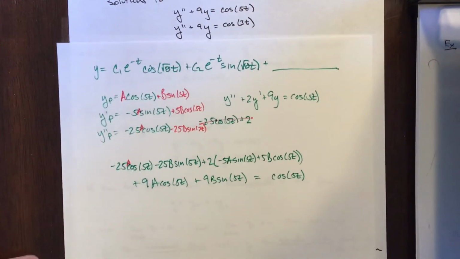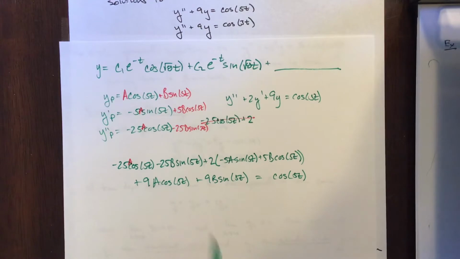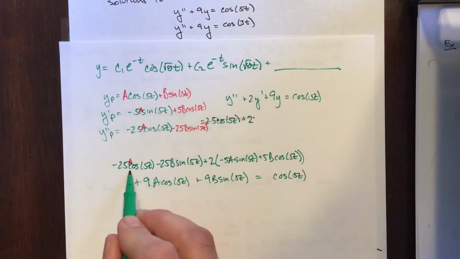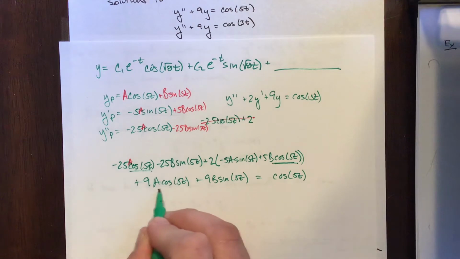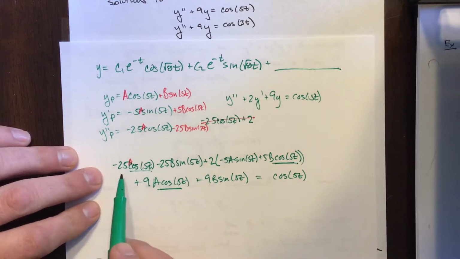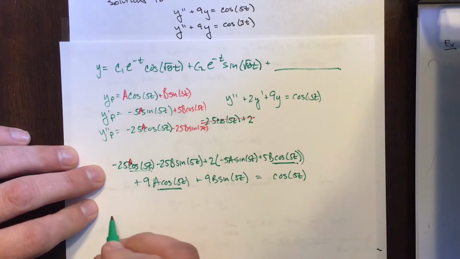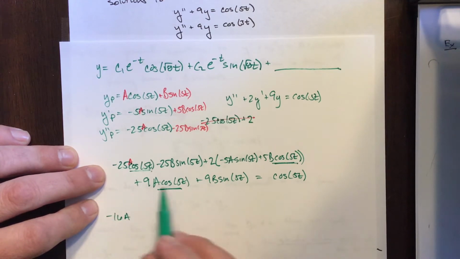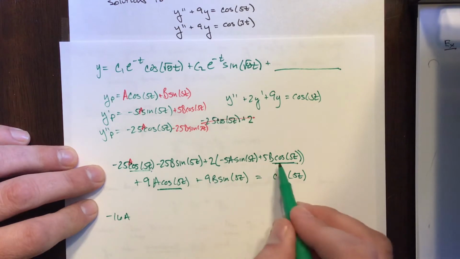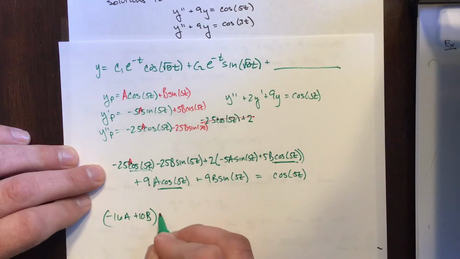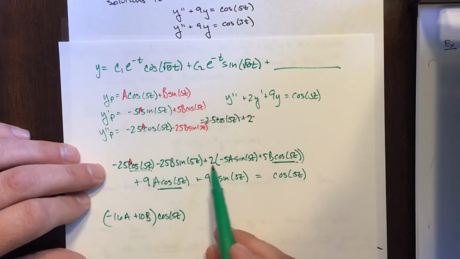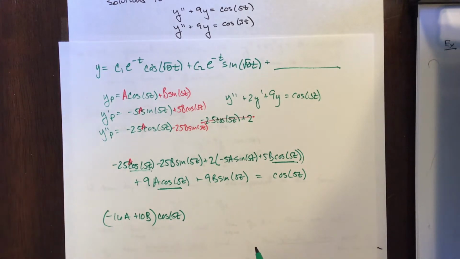All right. So let's distribute the 2 and see if we can combine like terms here. Here we have a cosine 5t, here a cosine 5t, and here a cosine 5t. So we have minus 25a plus 9a, so that's minus 16a on cosine 5t. But we have a plus 10b cosine 5t, because the 2 and the 5 give me my 10.